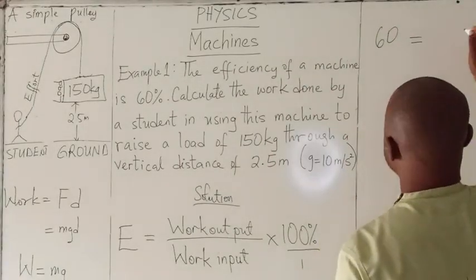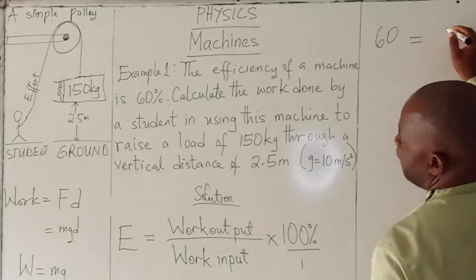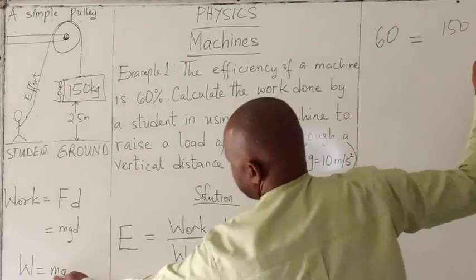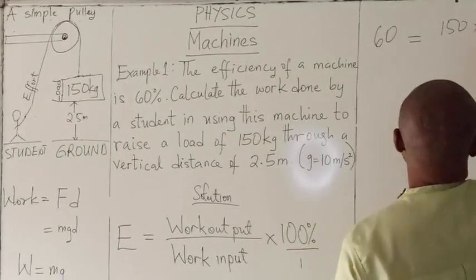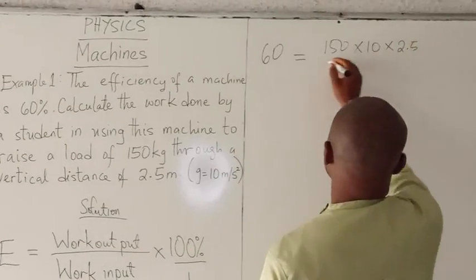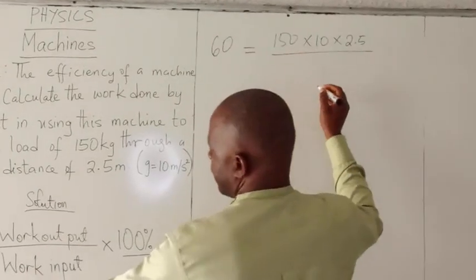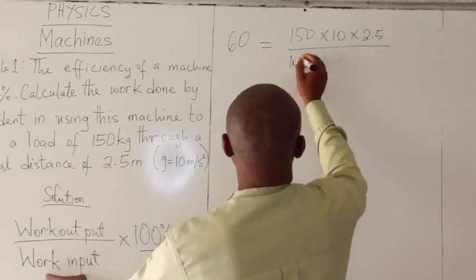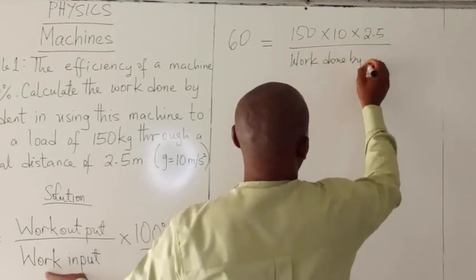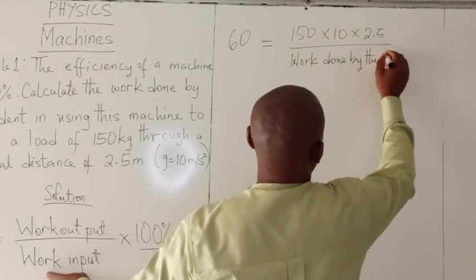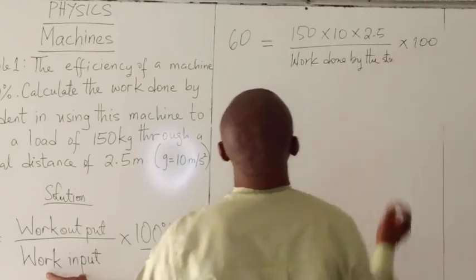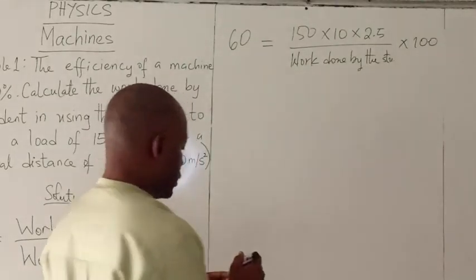So here I'm going to write 150, which is the mass, times 10 times the distance, 2.5 meters, over the work input, that is work done by the student, multiplied by 100%. Do you understand?